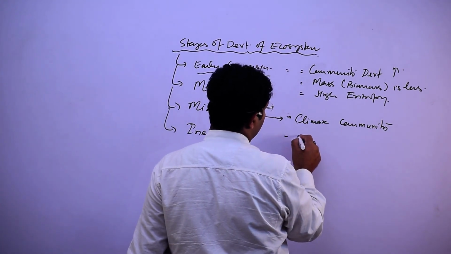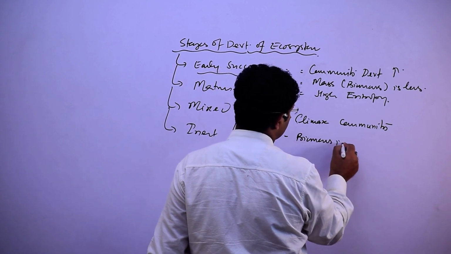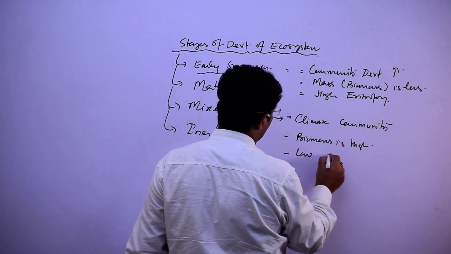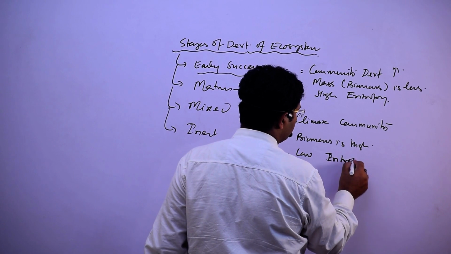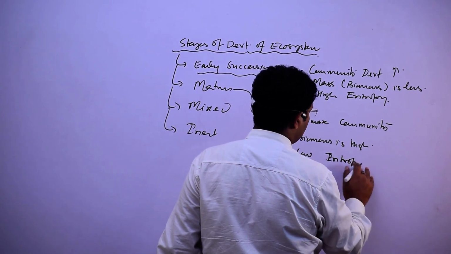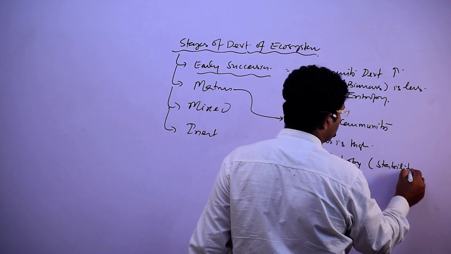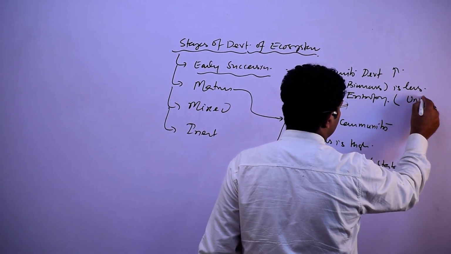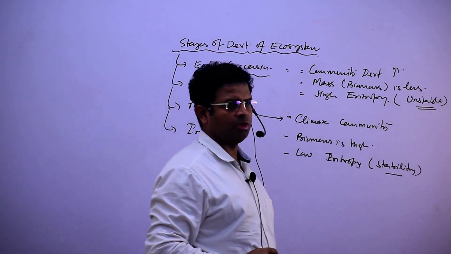I said that biomass is high and they have low entropy. Miss, what is the meaning of low entropy? Stability of the system, and high entropy means unstable ecosystem, instability of the ecosystem.